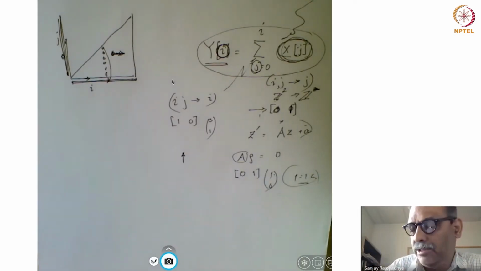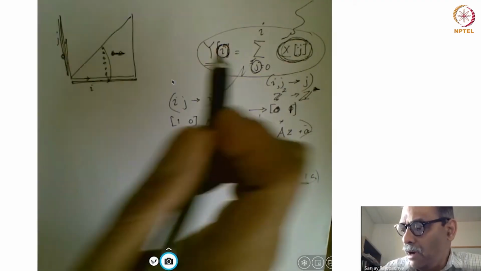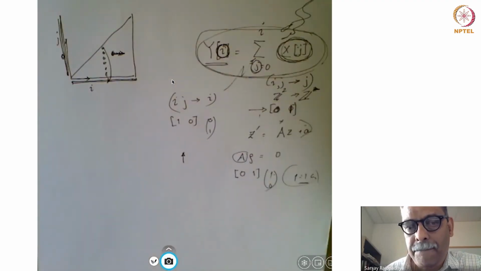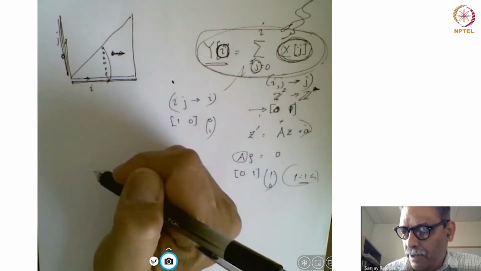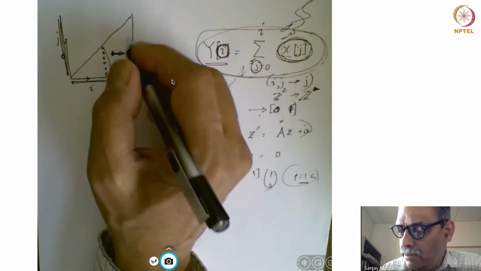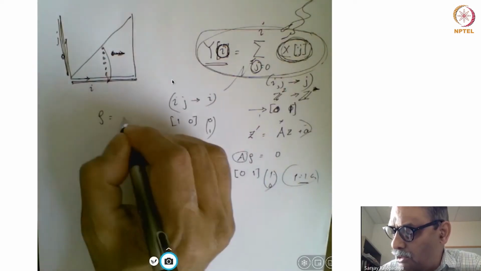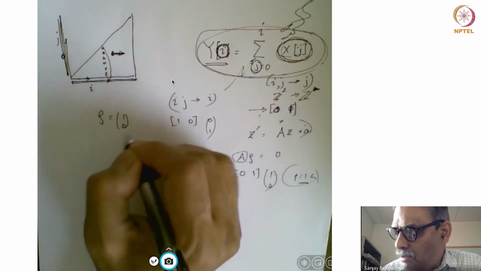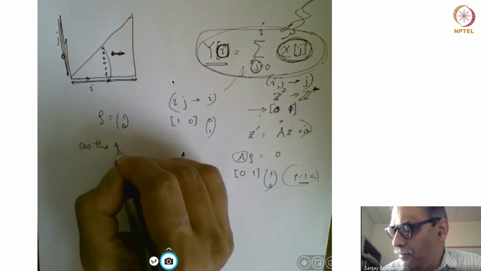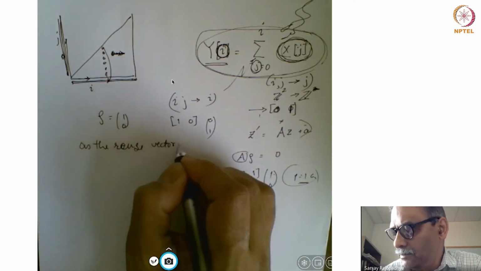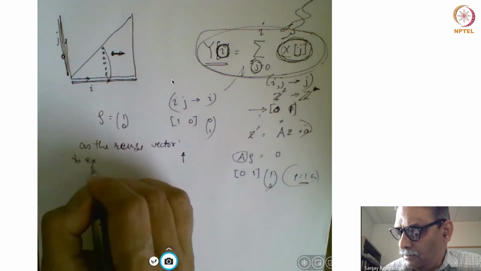With all this information, can I change this from quadratic to linear? Here is how the algorithm works. You take this triangle, you shift it by this. So you are choosing rho equals (1, 0) as the reuse vector to exploit.